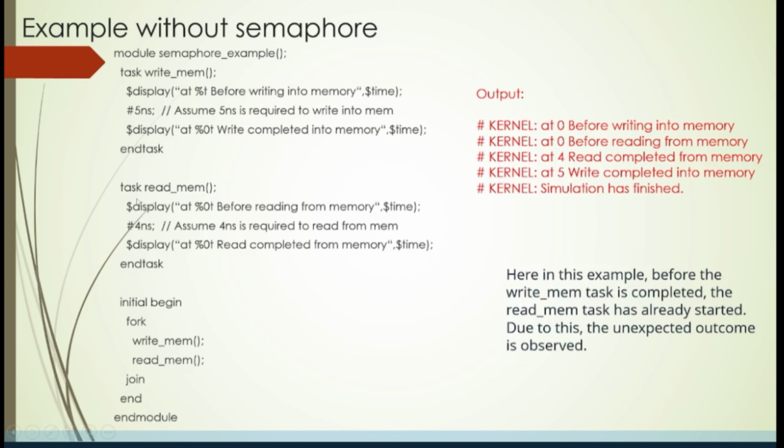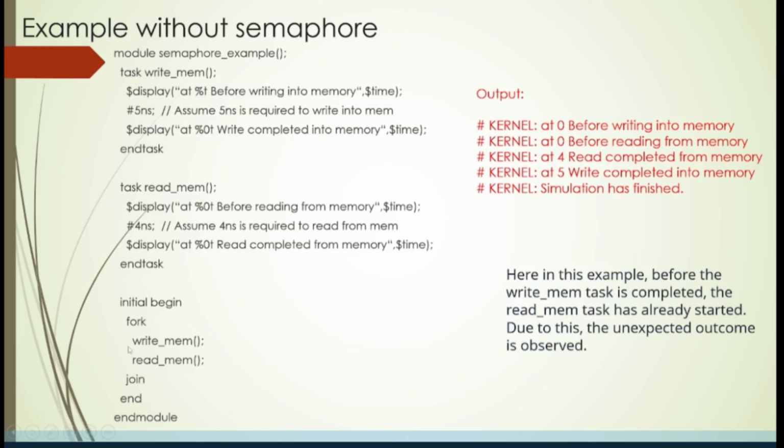This is my first process. Coming to the second process, first at 0 time, both are at 0 time, display only before reading from memory, and at 4 nanoseconds read completed from memory. Fine, and returns.